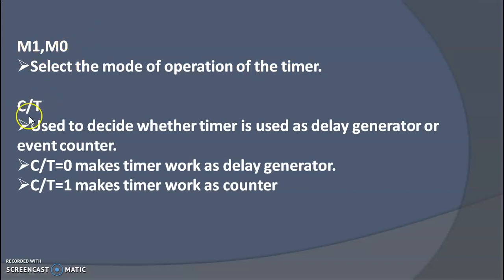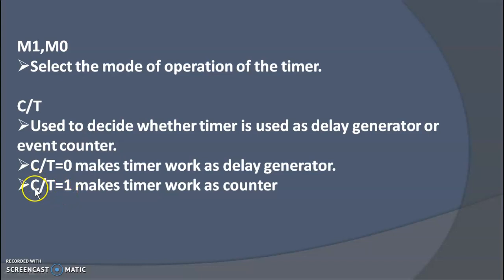Then the next bit, that is C by T bit, it is used for deciding whether the timer will work as a delay generator or as a counter. If C by T value is equal to 0, then timer works as delay generator. If C by T is equal to 1, it works as counter.